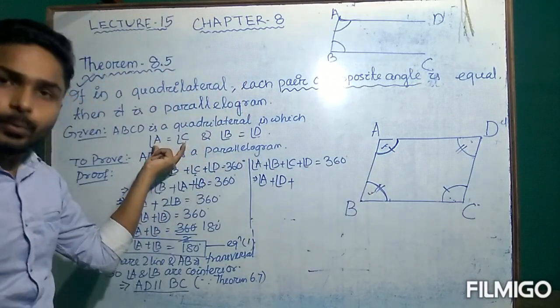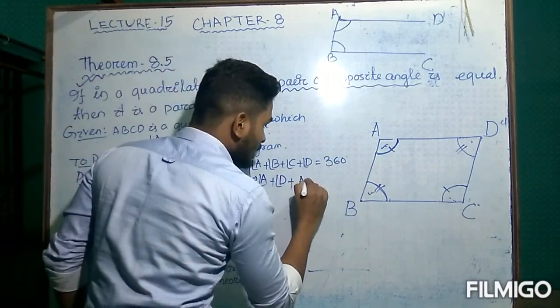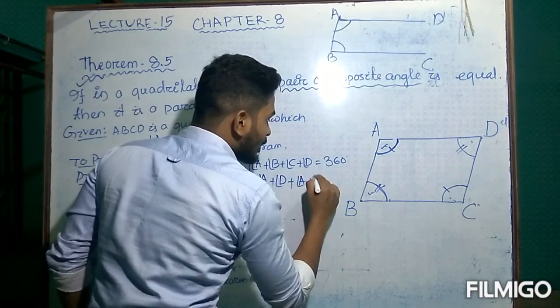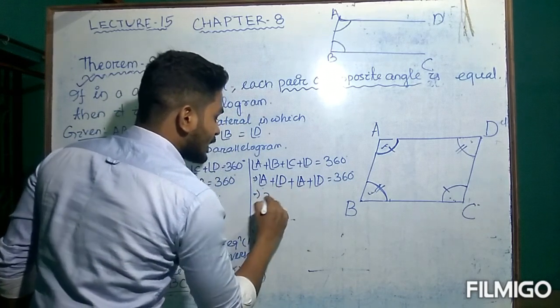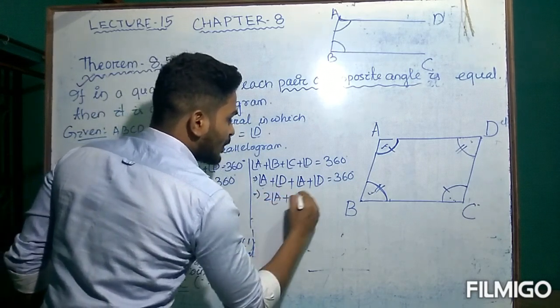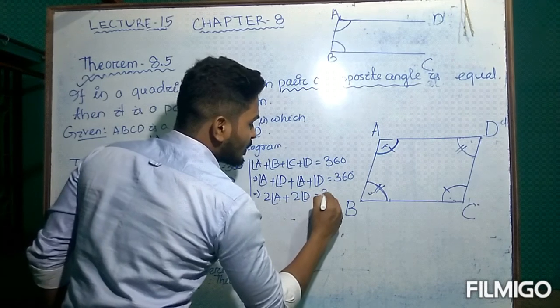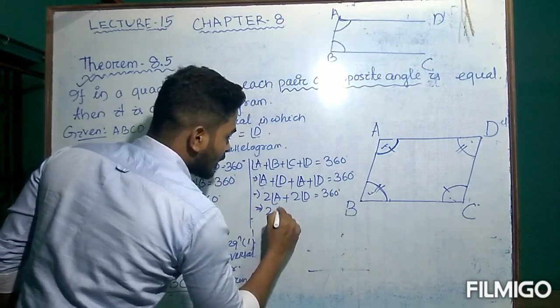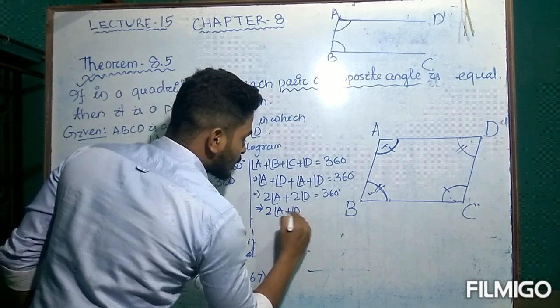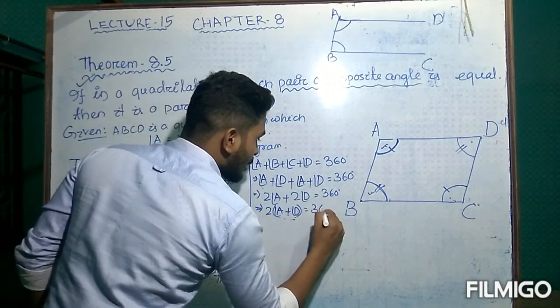Yes, they are equal. So we get A plus A, that is 2A, D plus D, that is 2D, equal to 360 degrees. Taking 2 common, we get 2 times (A plus D) equal to 360 degrees.